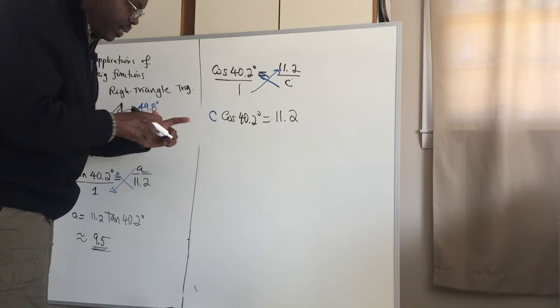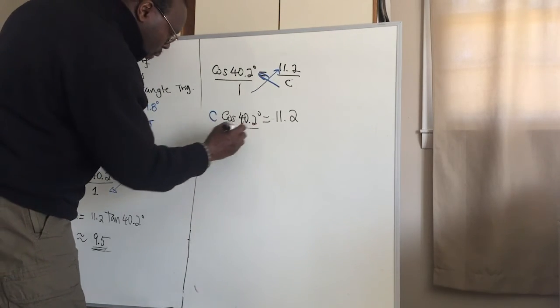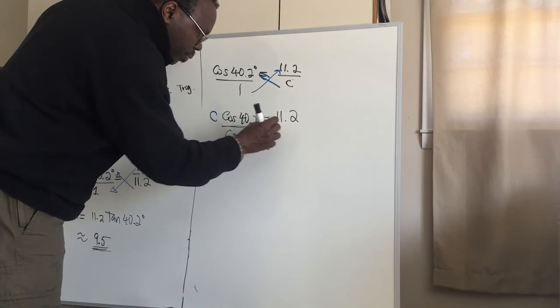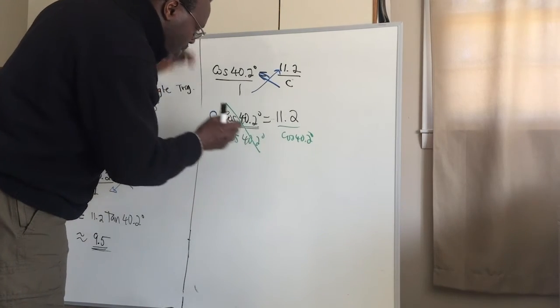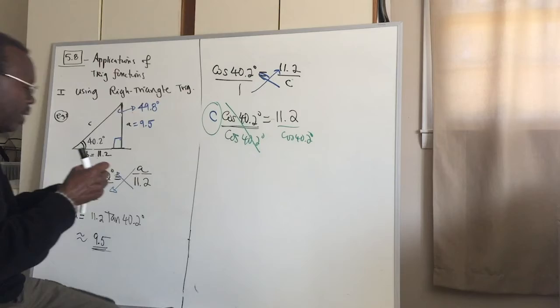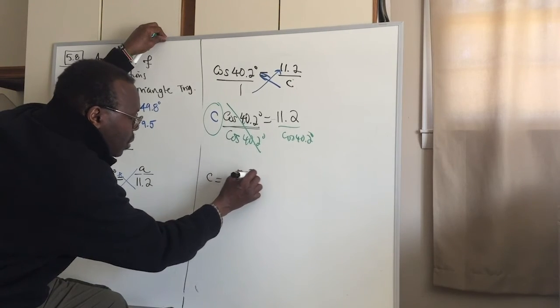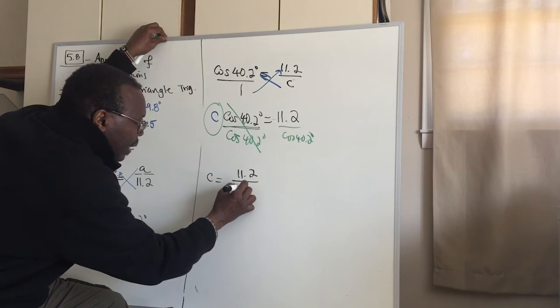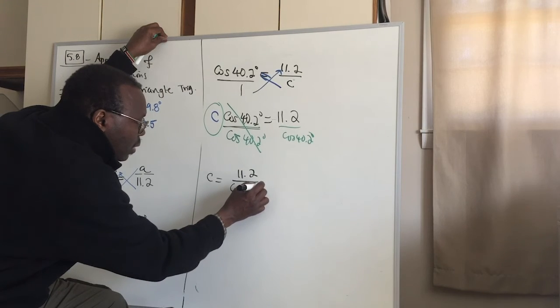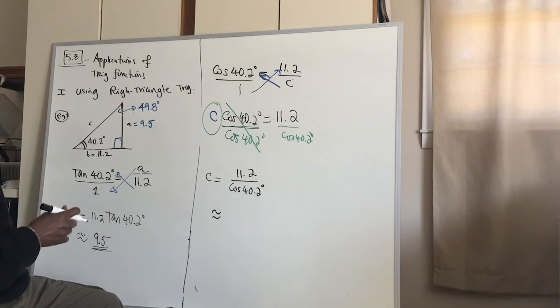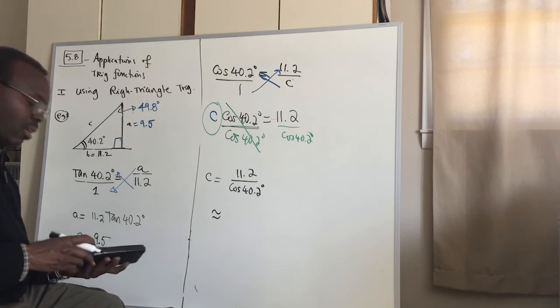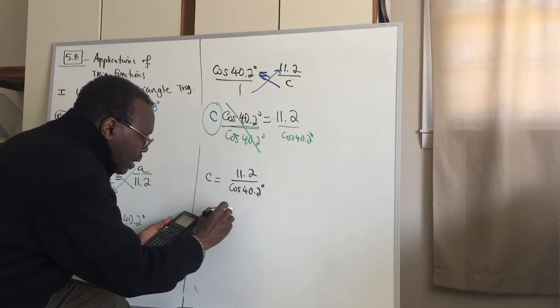To get C, divide by cosine 40.2 on each side. This will cancel off, and we have C left, which is equal to 11.2 over cosine 40.2 degrees. Round your answer to the nearest tenth.